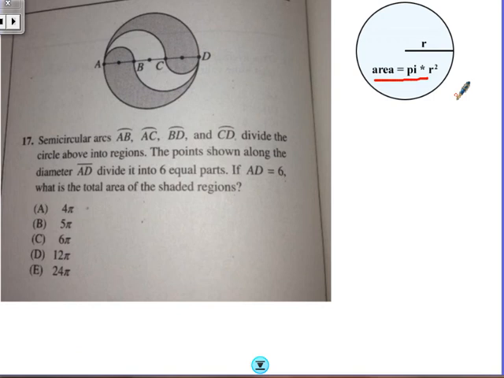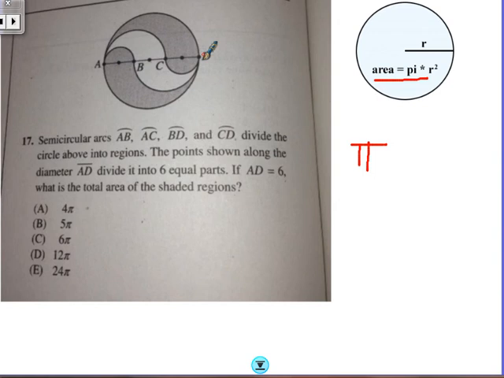Alright, there is more than one way to solve this problem, but let me show you my approach. I'm going to treat this entire circle as shaded to begin with. Let's see what the maximum area would be if the entire circle was shaded. So we're going to use our pi r squared. Now, remember the problem says you've got 6 equal parts, and the parts are equidistant from each other.